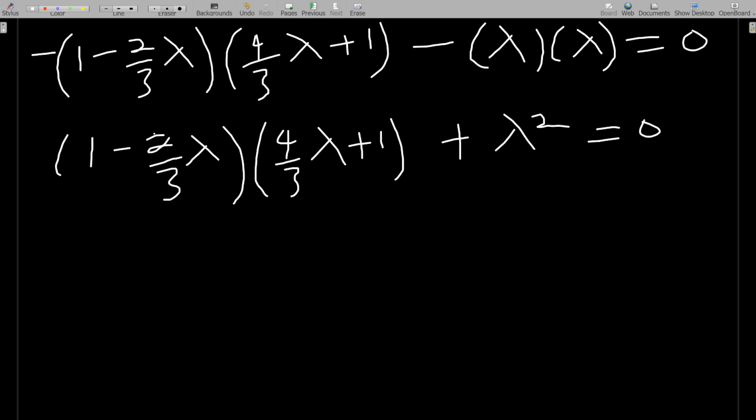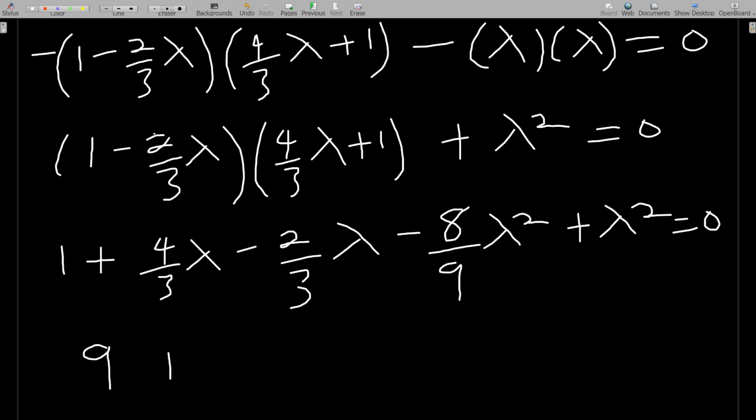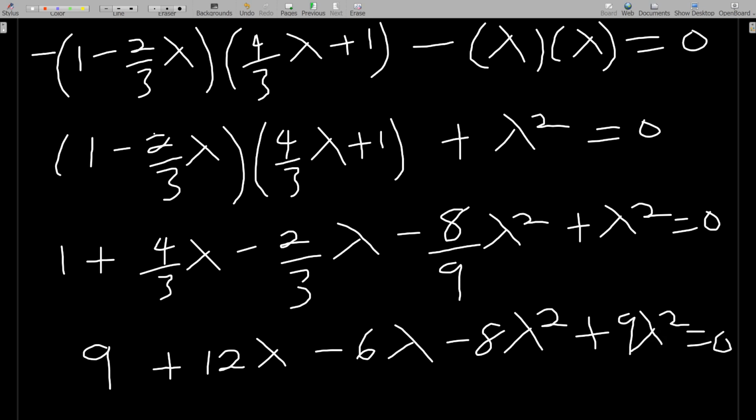When you expand this one, you get something like 1 plus 4 over 3 lambda, minus 2 over 3 lambda, I'm doing my multiplication, so you can go through it, minus 8 over 9 lambda squared plus lambda squared should be equal to 0. I simplify this by multiplying through by 9, and I'll have 9 plus 12 lambda minus 6 lambda minus 8 lambda squared plus 9 lambda squared equal to 0.